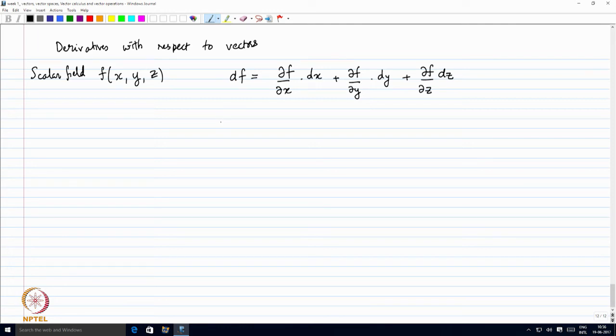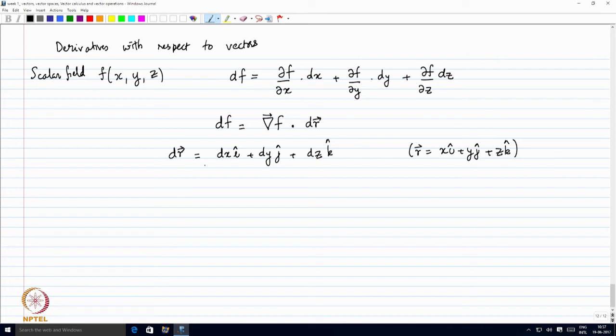I can write df equal to, I'll write the notation, I'll call something the gradient of f, denoted by this inverted triangle, okay, and I will write dot dr, where dr is basically dx i plus dy j plus dz k, which if you remember, we had r equal to x i plus y j plus z k.